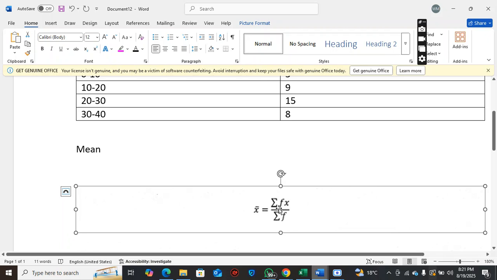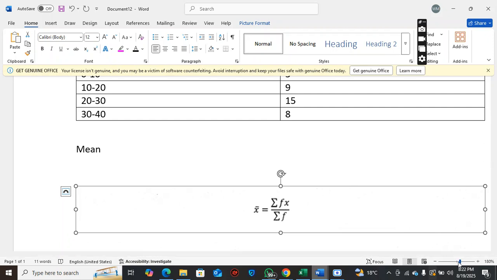Then we're dividing it by the total frequency. This is Greek, so I've translated it into English for you: the frequency multiplied by the midpoint, divided by the total frequency.